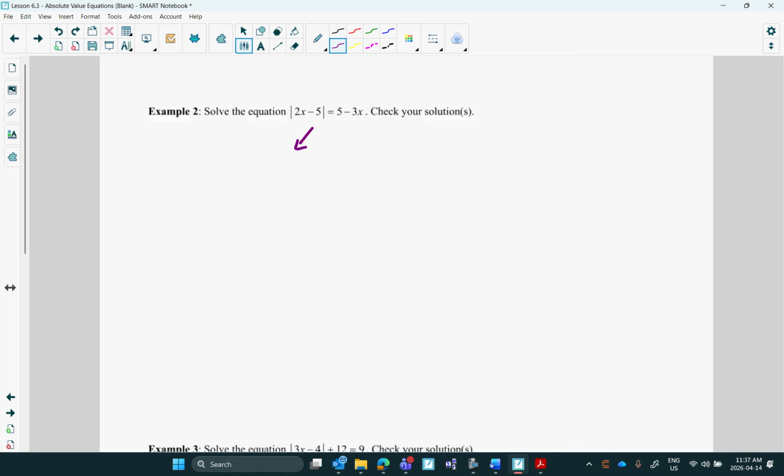So what's my first equation? I take out the absolute value bars and it equals the positive of this side, which is just the same thing. My second equation, I'm going to take out the absolute value bars and make it equal to the negative. And it has to be the negative of everything on the right.